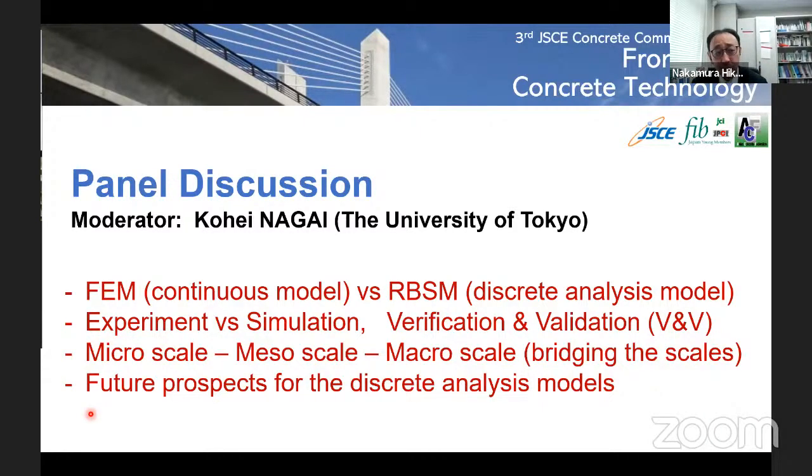But the discrete analysis model can give us the idea and image of the very small level phenomena. From these observations in the numerical results, how do we get new ideas, new phenomena, and how do they influence the macro behavior? That is what I'm thinking about now, how to use these discrete analysis models.